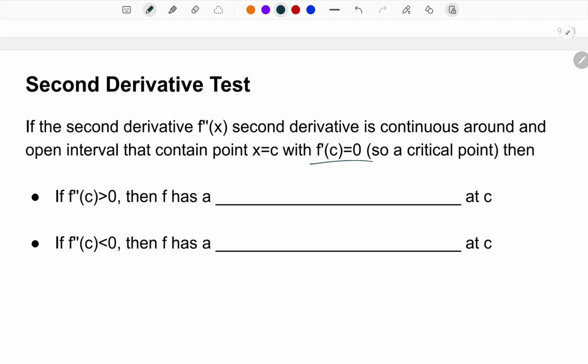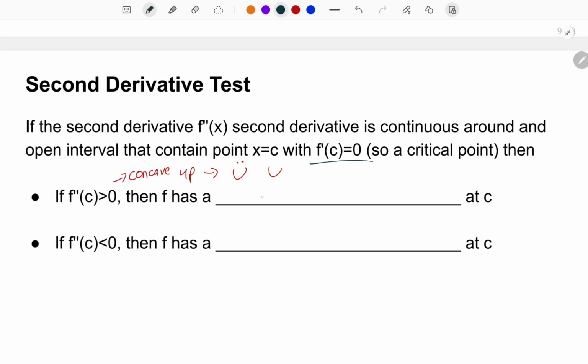If the second derivative is positive, which means concave up, which has a smiley face. No, it's actually just a U shape, but that's how I remember it. It's smiley face, it's positive.